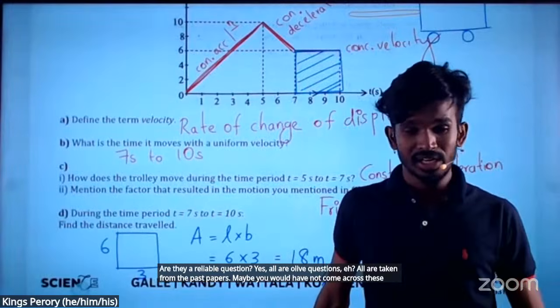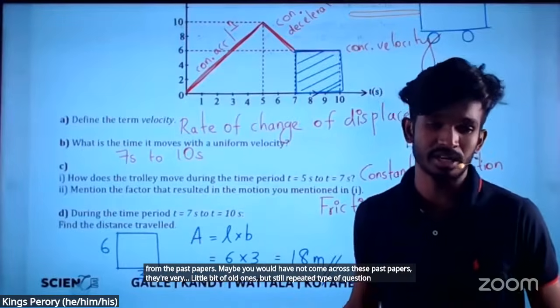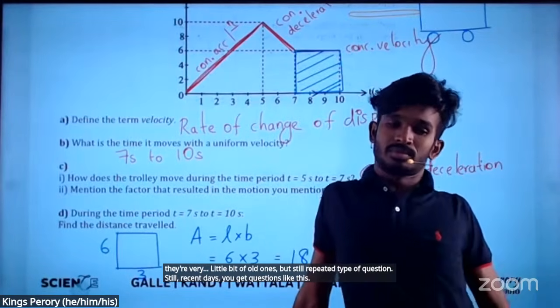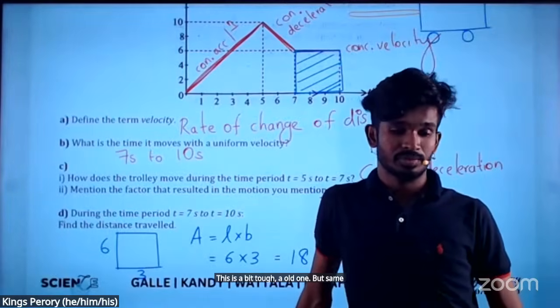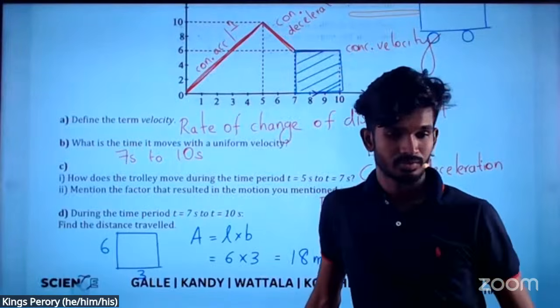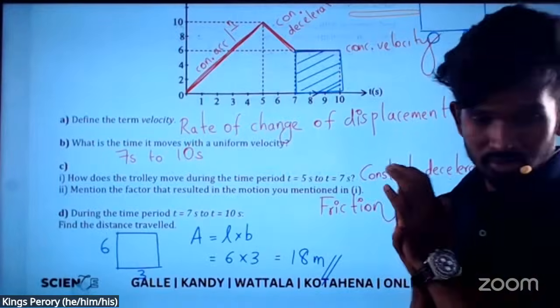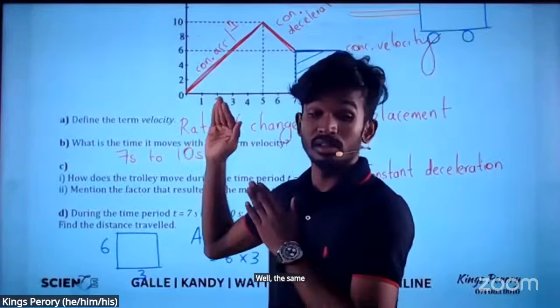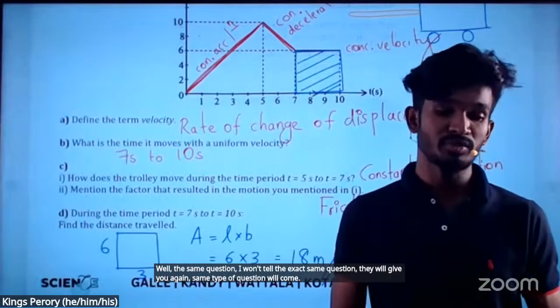They're a little bit old, but still repeated type of questions. Still in recent days you get questions like this. I won't say they will give you the exact same question again, but the same type of question will come.